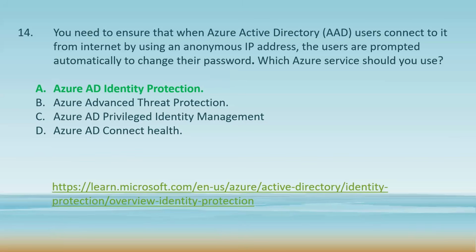It detects risk of many types, including anonymous IP address use, which is what is talked about here, malware linked IP addresses, unfamiliar sign-in properties, leaked credentials, password spray, and many more.